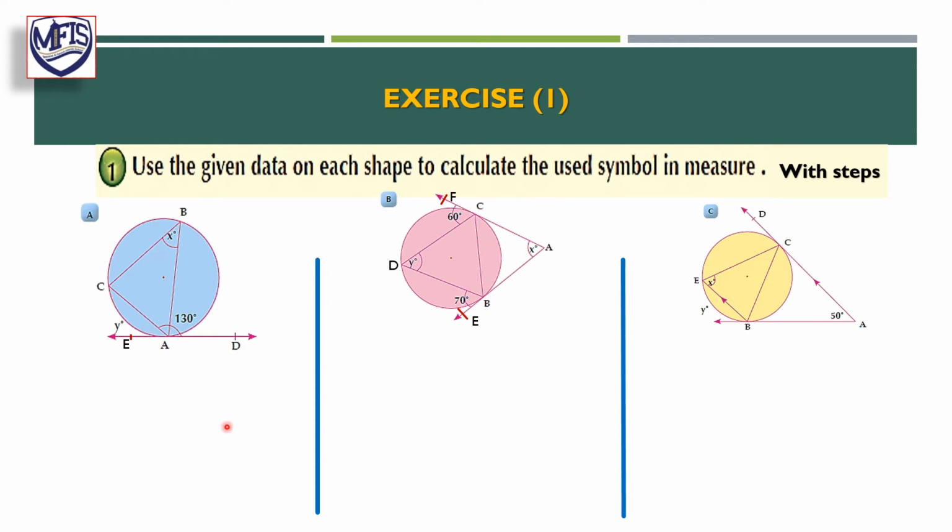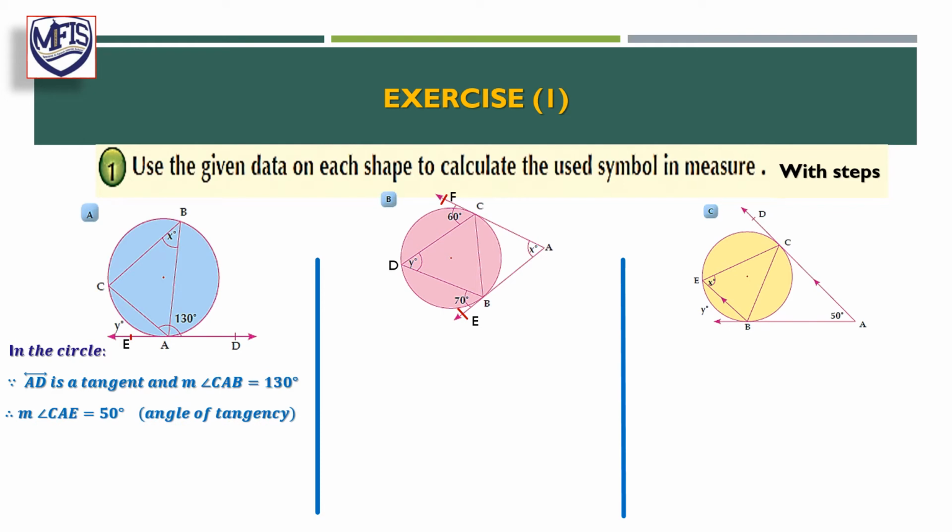Look at the steps. Encircle. Since AD is a tangent and CAB equals 130 degrees, therefore angle CAE equals 50 degrees. And this angle is the angle of tangency.